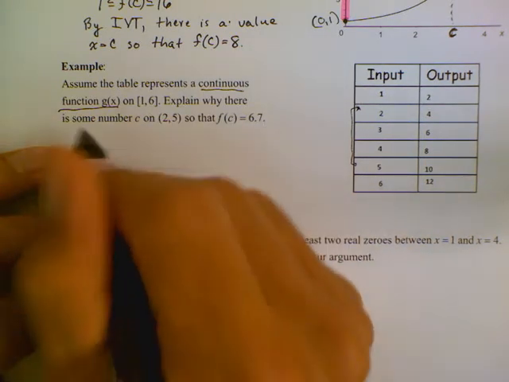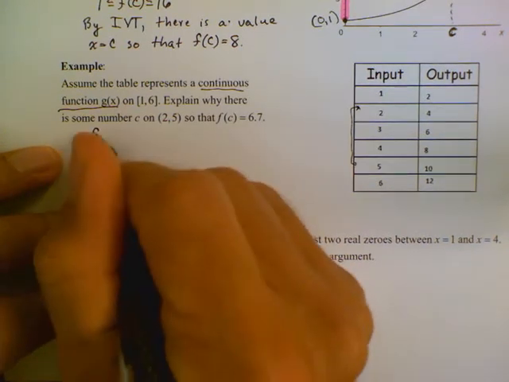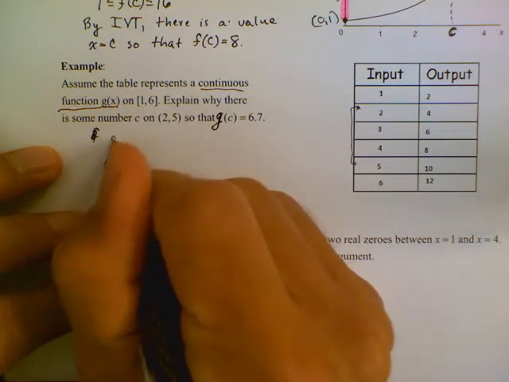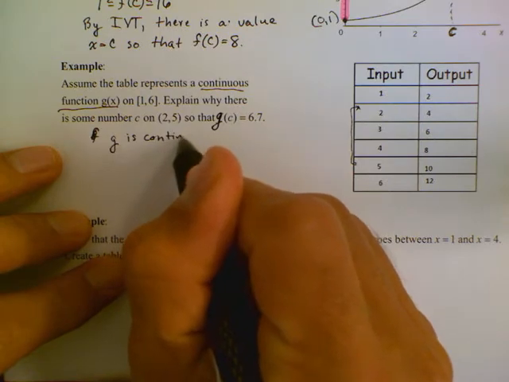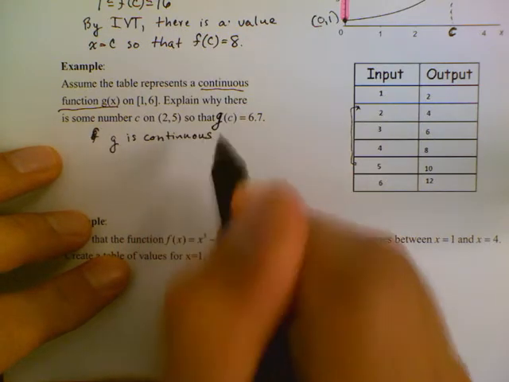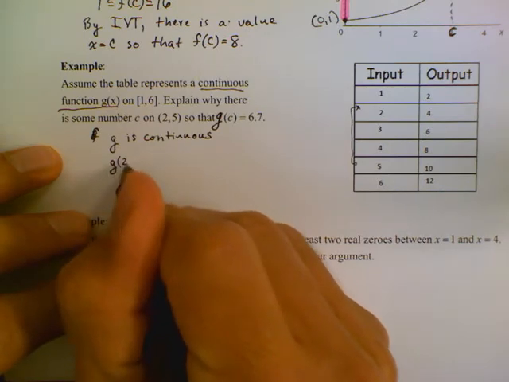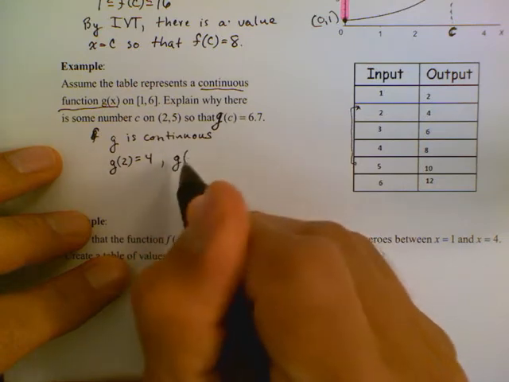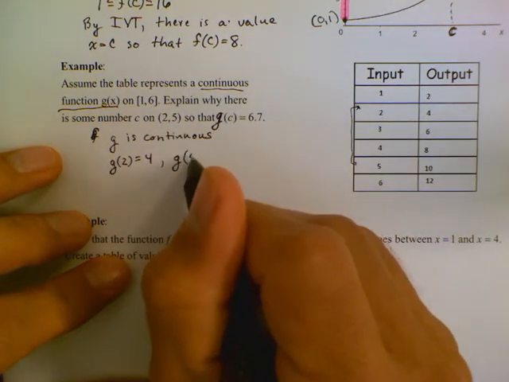Well, sorry, this is g. So I'm going to go ahead and just write g is continuous, just to get you guys in that good habit. Okay, well, we know that g of 2 is 4 based on the table, and g of 5 is 10 based on the table.